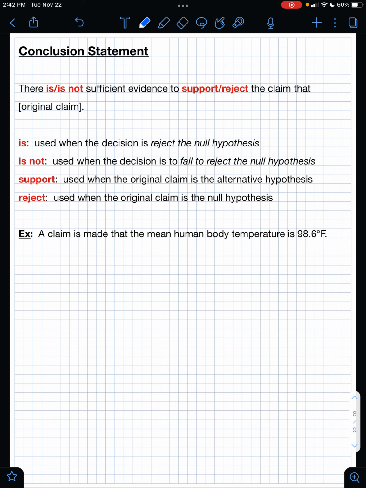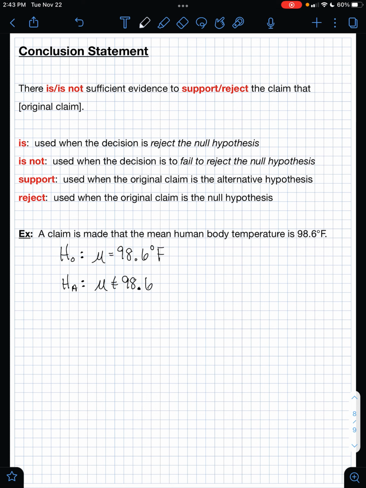Suppose a claim is made that the mean human body temperature is 98.6 degrees. That is our claim, and it is our null hypothesis that the mean is 98.6 degrees. That would, by default, make our alternative hypothesis the statement that mu is not equal to 98.6 degrees.